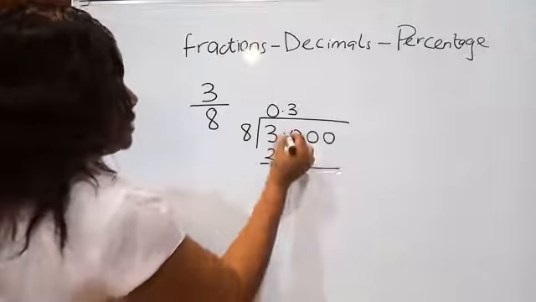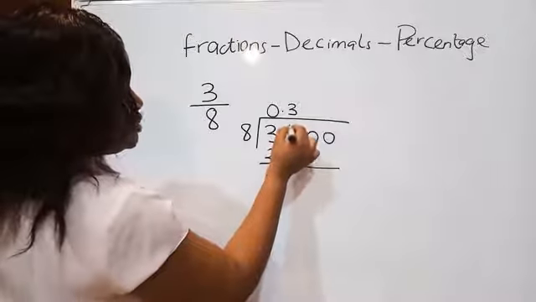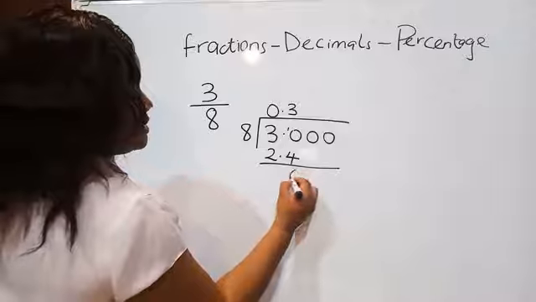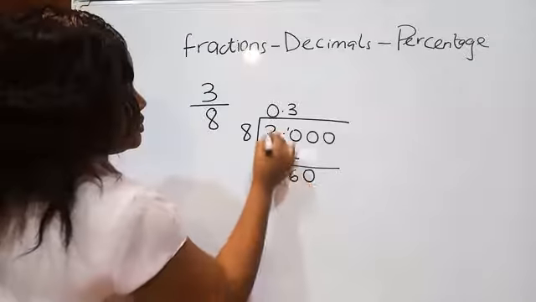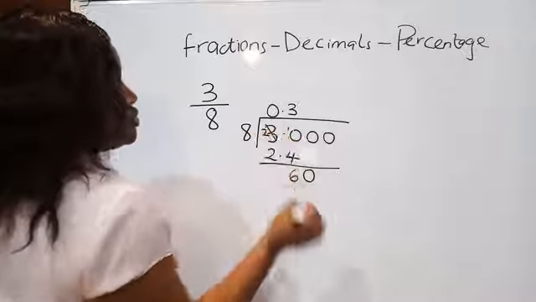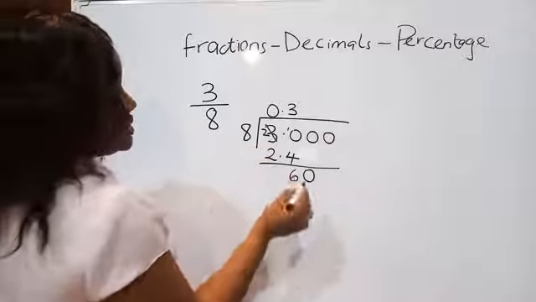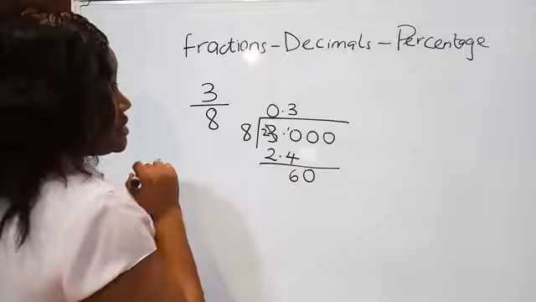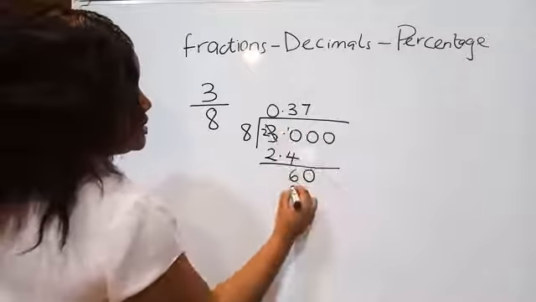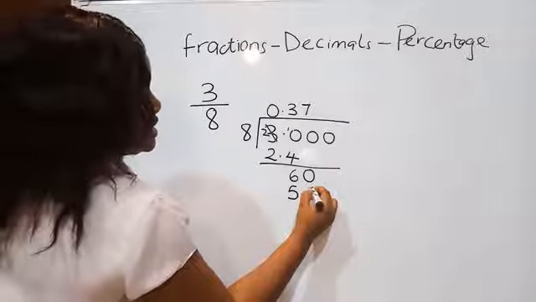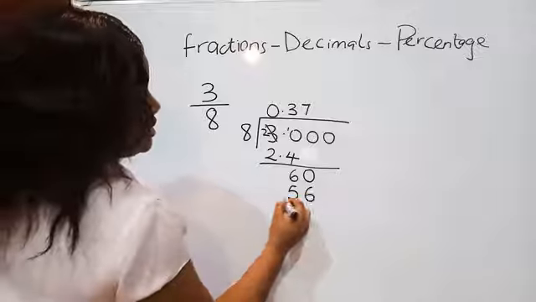Now, of course, to subtract, 30 minus 24 is 6. Bring down 0. This becomes 60. So 60 divided by 8 gives us 7. 7 times 8 is 56.